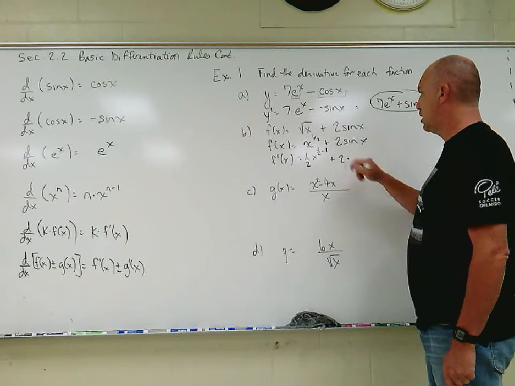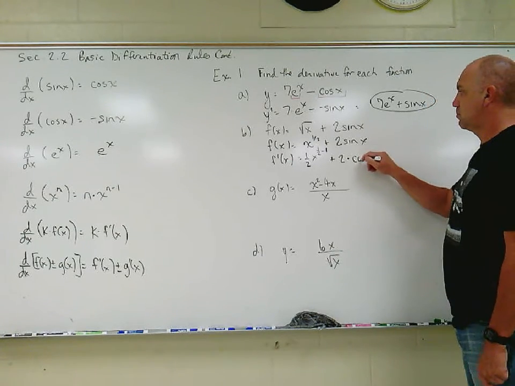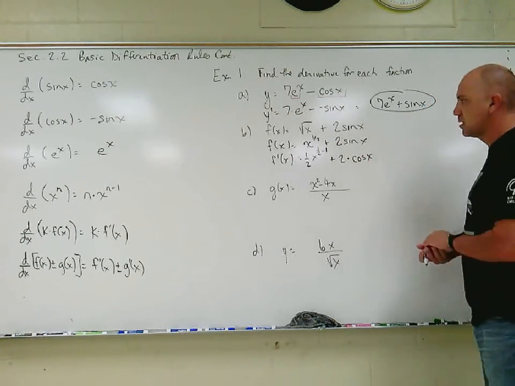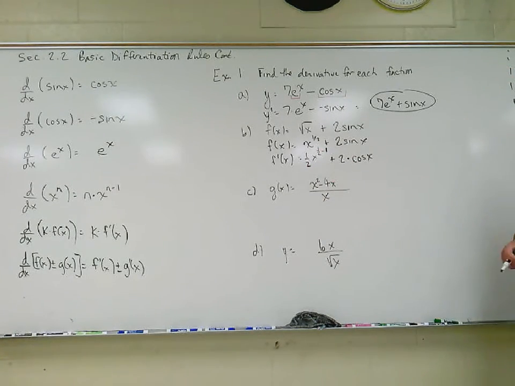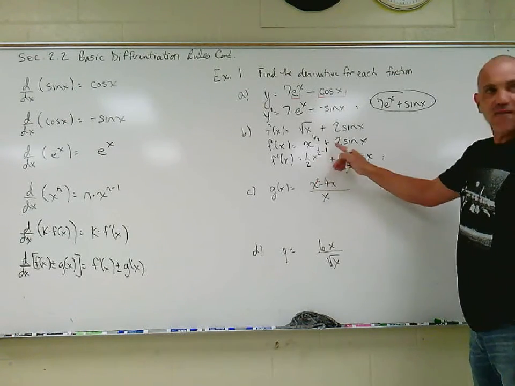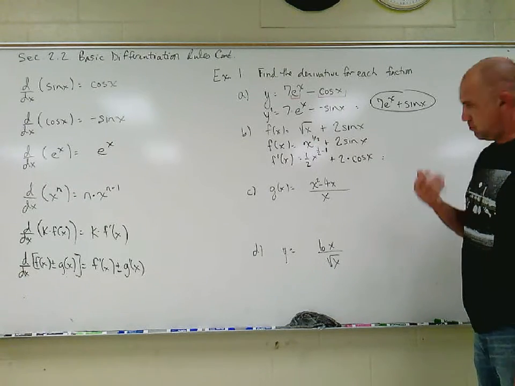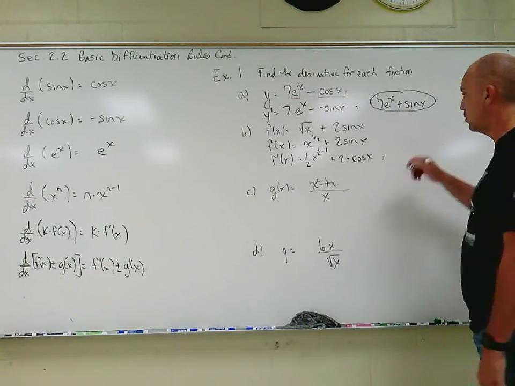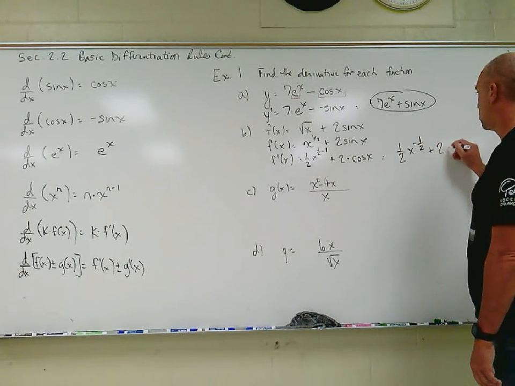Plus 2 times the derivative of sine, which is cosine. Technically, this is the derivative, but algebraically, it's not very presentable. So 1/2 minus 1, you can't do that in your head. That's what? Minus 1/2. So we have 1/2 x to the negative 1/2 plus 2 cosine x.